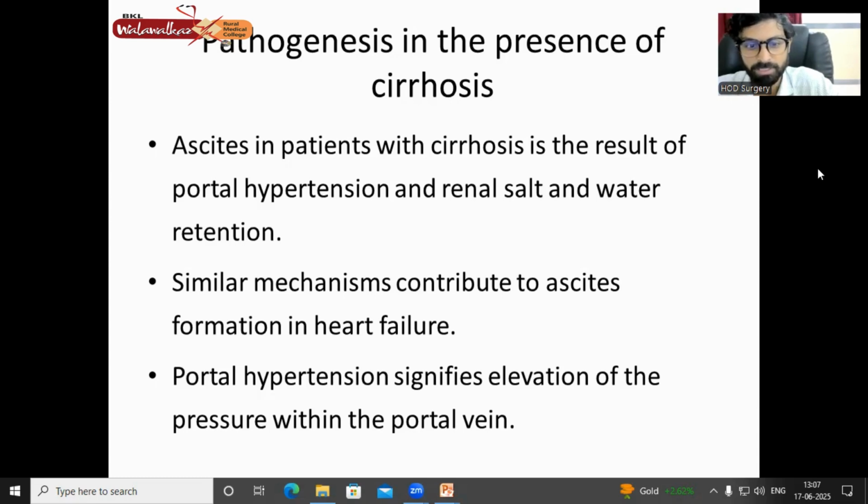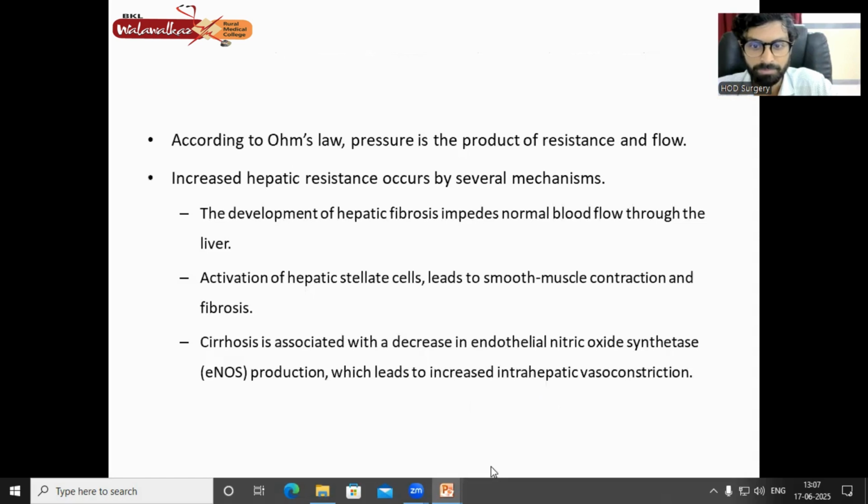Portal hypertension, as you all know, means the elevation of pressure in the portal vein. According to Ohm's law, pressure is the product of resistance and flow. So, when hepatic resistance increases, the pressure increases.